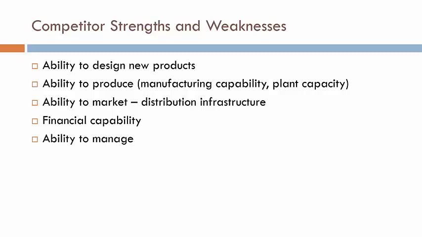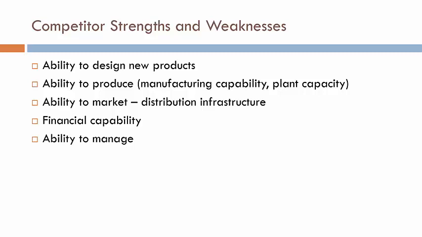It is very specific to the industry and the company you're talking about. There are so many other strengths and weaknesses that an organization may have, but I just want to give you some examples here.